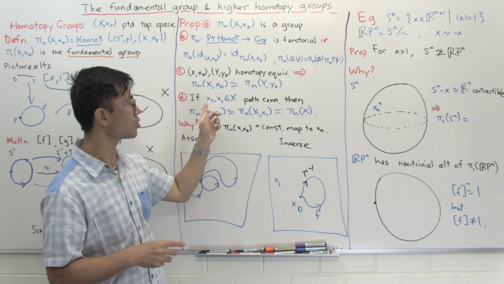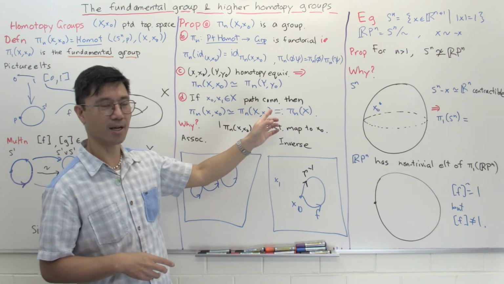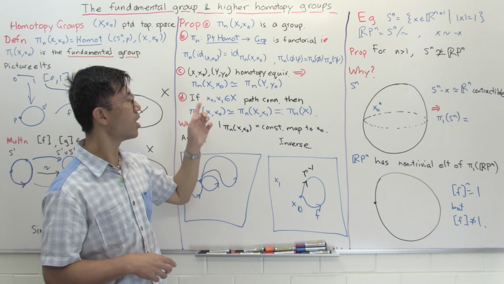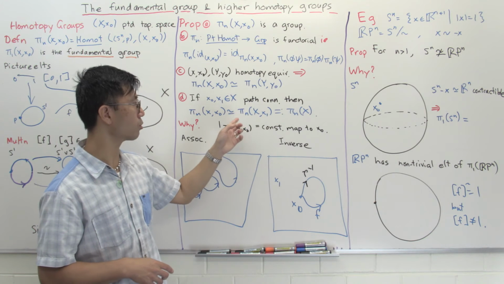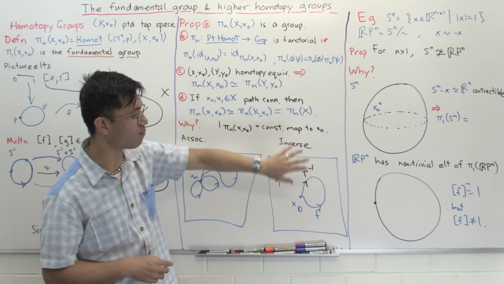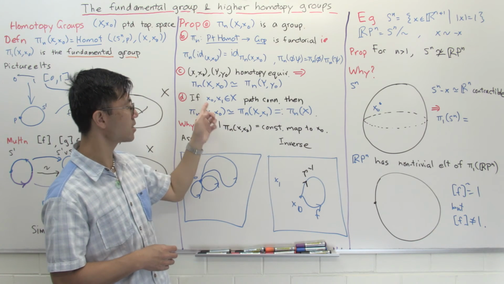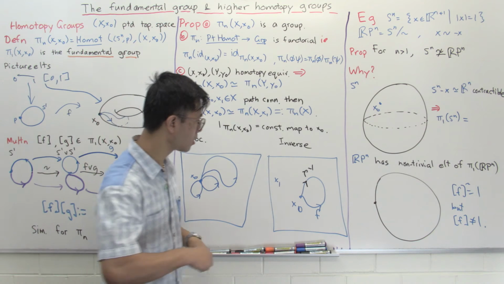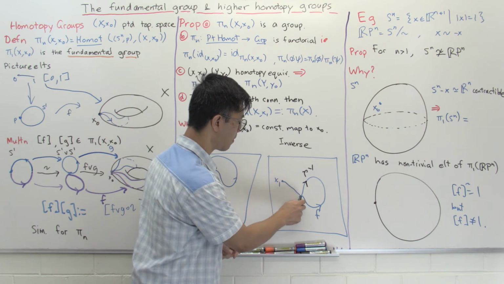The last thing I want to touch on is why, if you change the distinguished point, you get an isomorphic fundamental group or higher homotopy group. I'll just do it in this simple case of pi 1. Suppose x0 is path connected to x1. So here's a path like this.